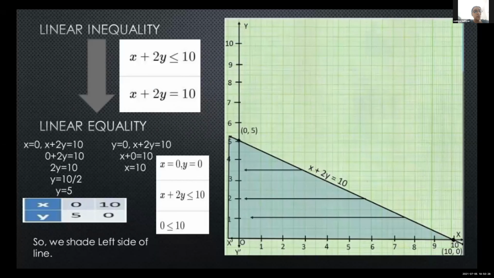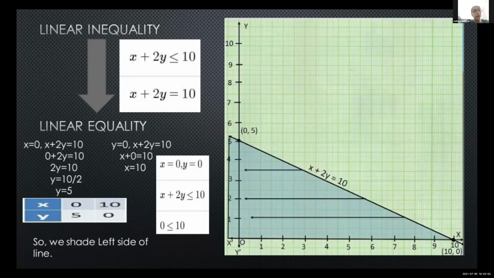In the equation x plus 2y is equal to 10, 2y is equal to 10 and y is equal to 10 by 2, y is equal to 5. So I got the point 0, 5. And I gave y as 0, then I got x as 10. So the point is 10, 0.